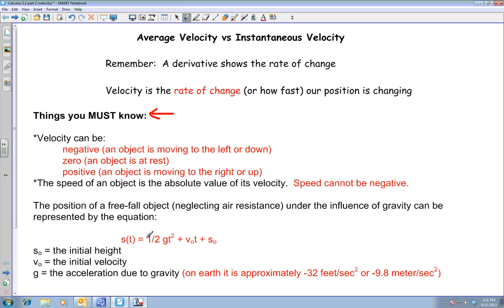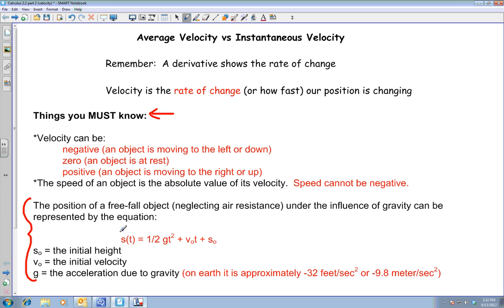The one equation that you're going to see a lot, and if any of you have taken physics, you've already seen this equation, is the position of a free fall object. For example, if I'm standing on top of a building and I just let something go, I don't throw it down, I just let it go, under the influence of gravity, and neglecting air resistance, its position can be represented by this equation.